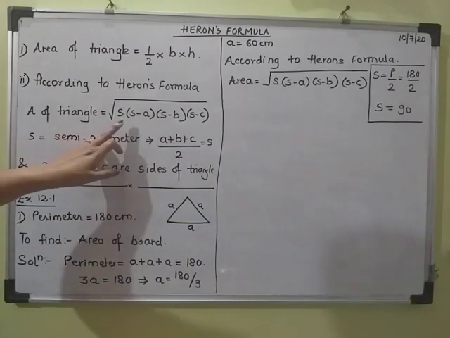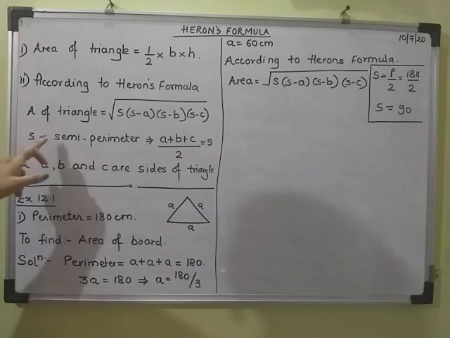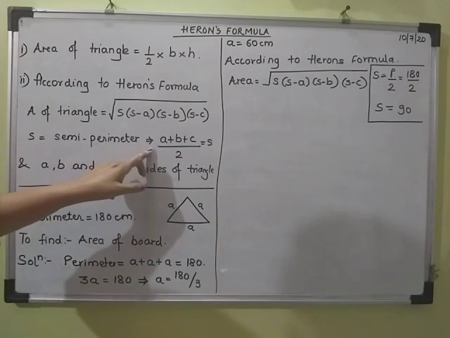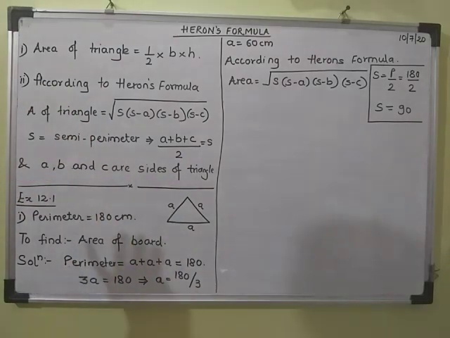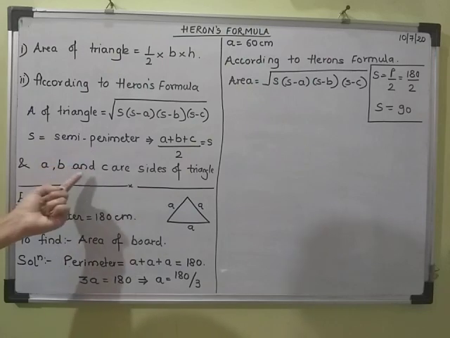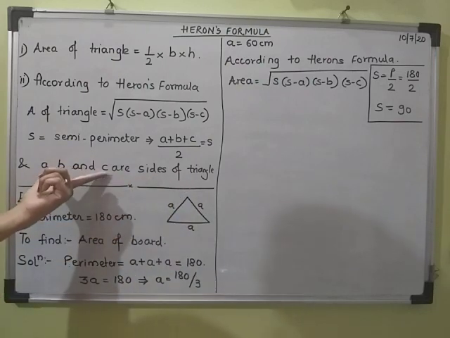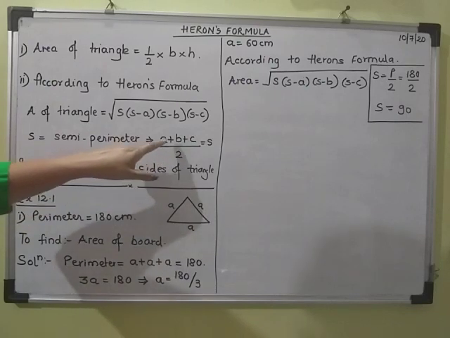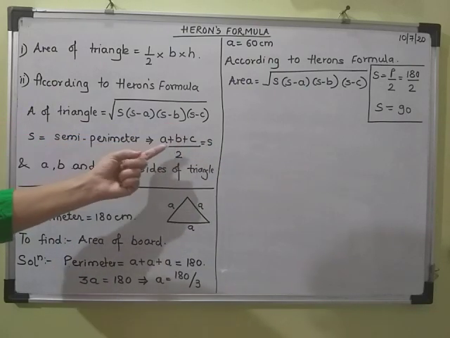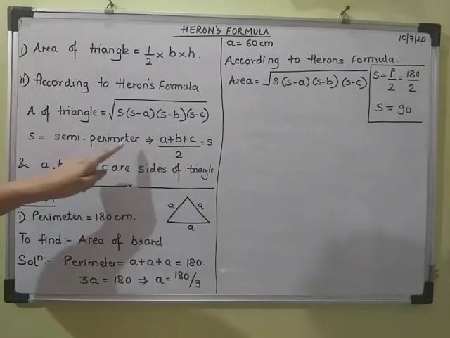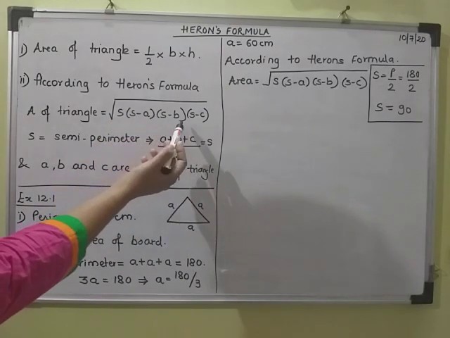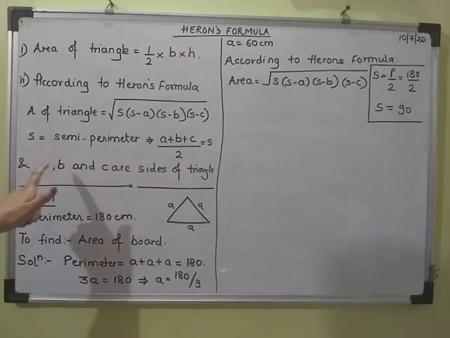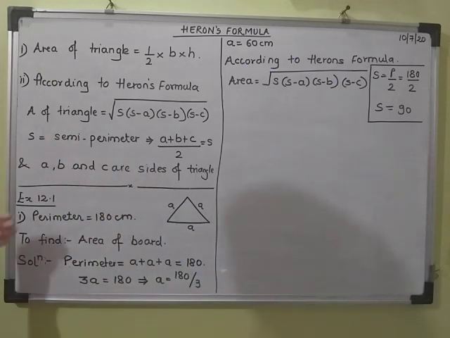Here S is the semi-perimeter, which means half of the perimeter. If A, B and C are the three sides of the triangle, then the perimeter is A plus B plus C. If you divide it by 2, it becomes the semi-perimeter, denoted by the letter S. So the area is root of S into (S minus A), (S minus B) and (S minus C), where A, B and C are the sides of the triangle.